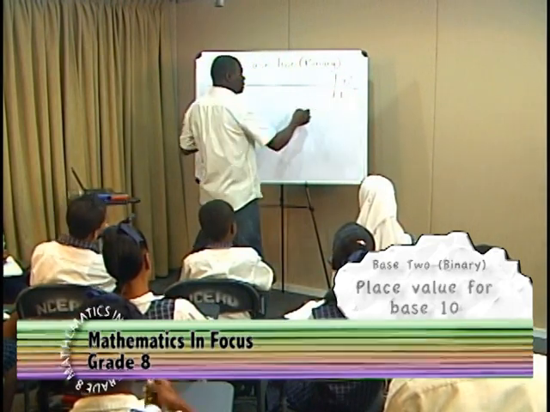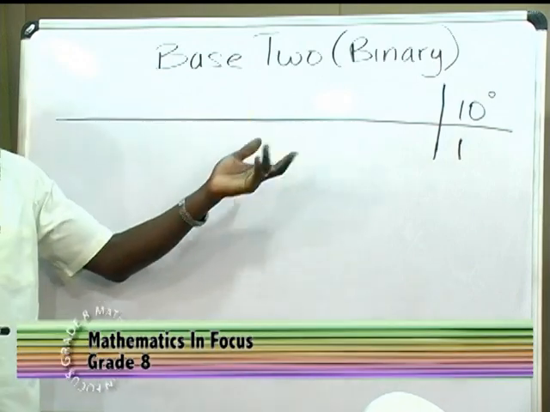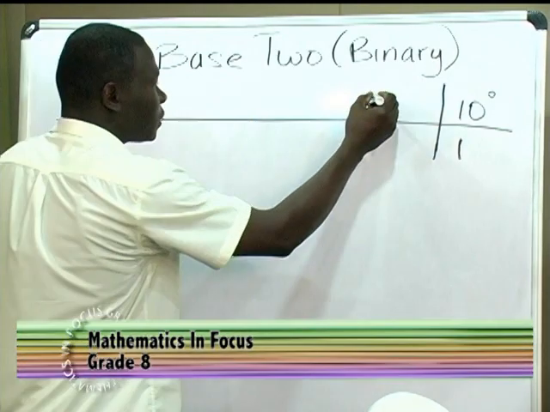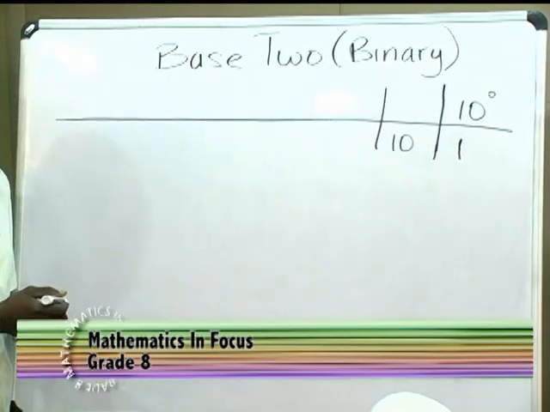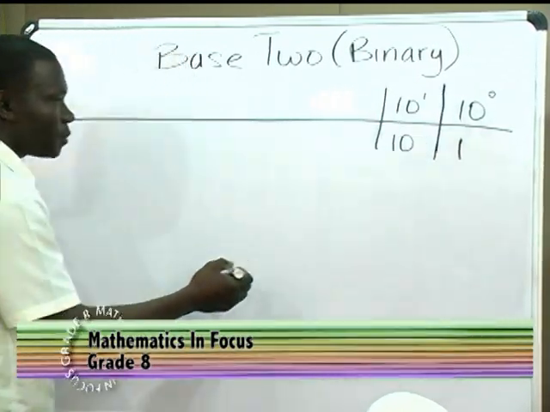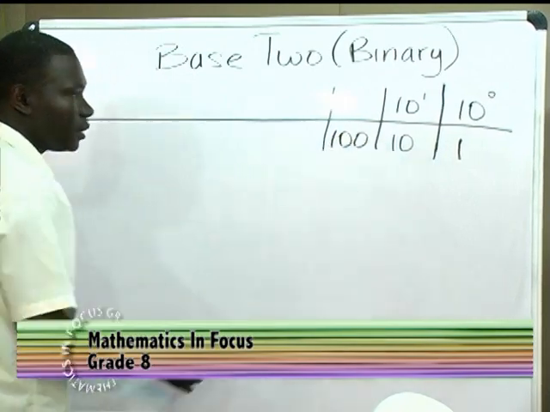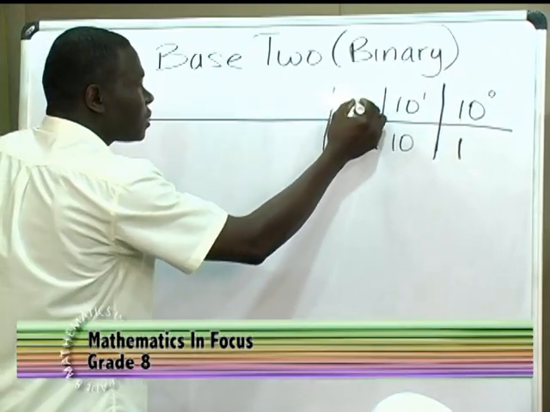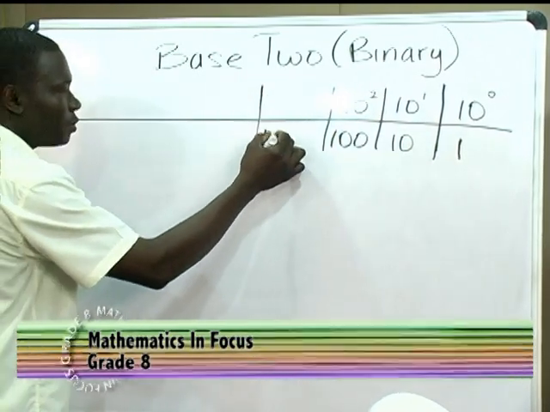We know that the units, ones, can be written as 10 to the 0 power, because anything to the 0 power is 1. Then we can look at the tens place value. Tens will be the same as 10 to the first power. Then we can look at hundreds. 100 is the same as 10 times 10, which is 10 to the second. And we can follow this pattern and we can continue.